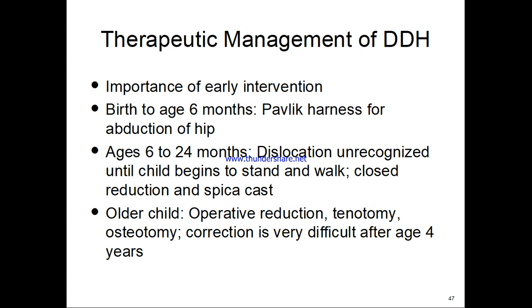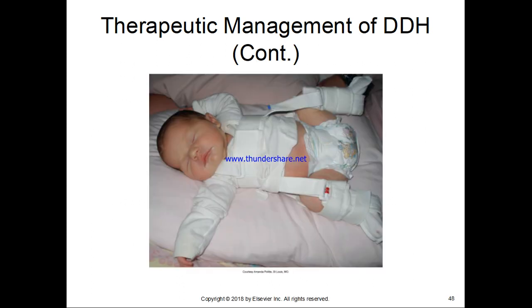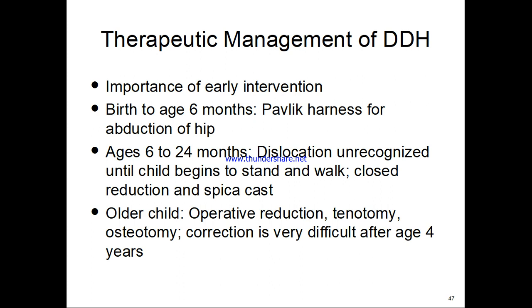If this is diagnosed before 6 months, they will apply something called a Pavlik harness to keep the hips abducted in such a way that they can heal and grow stronger together. And this is an illustration of that.